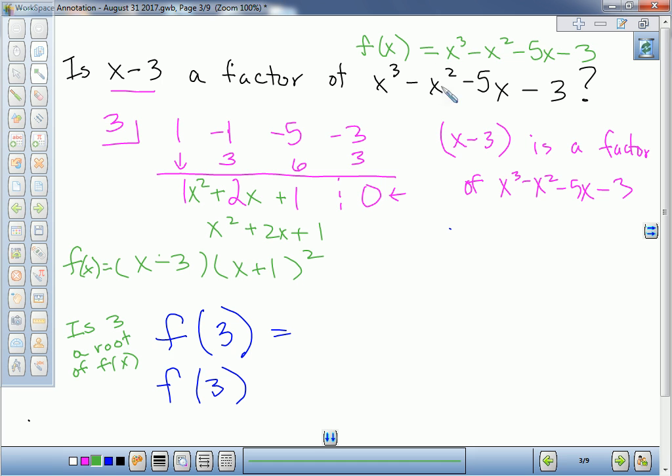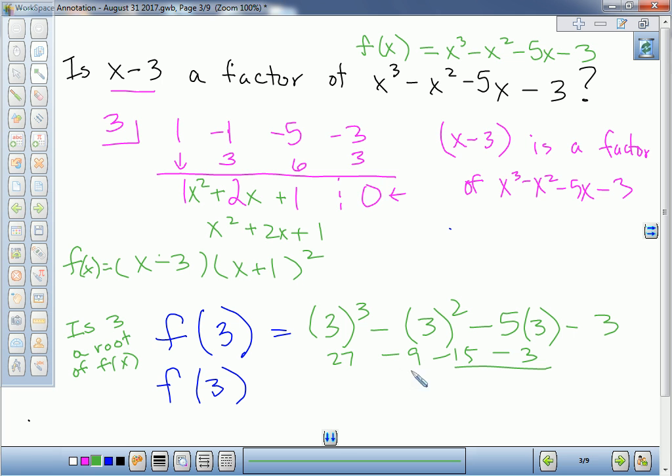So what we would do to determine if it's a root, another way is we can plug the 3 in. So 3 cubed minus 3 squared minus 5 times 3 minus 3. This is 27 minus 9 minus 15 minus 3. 27 minus 9 is 18, minus 15 is 3, minus 3 is 0. Guess what this 0 means?